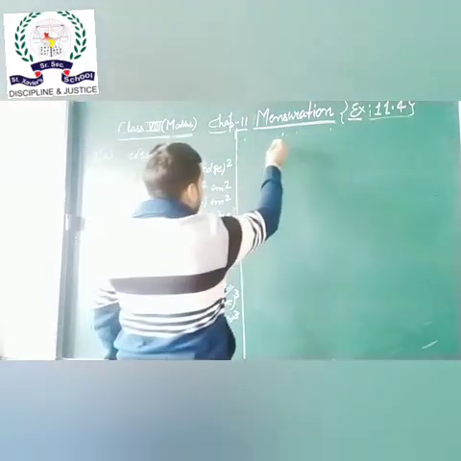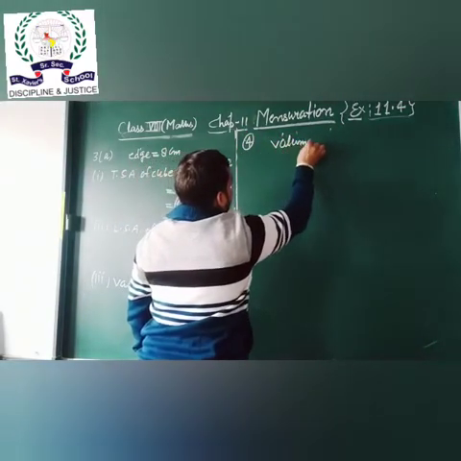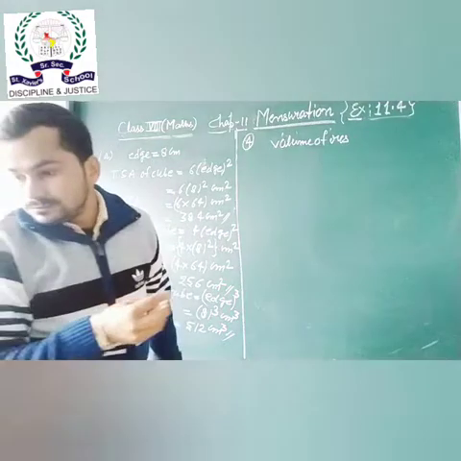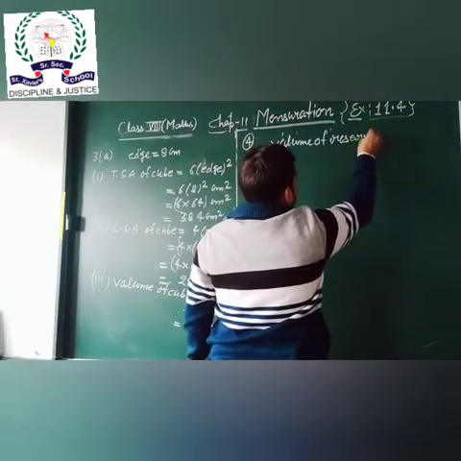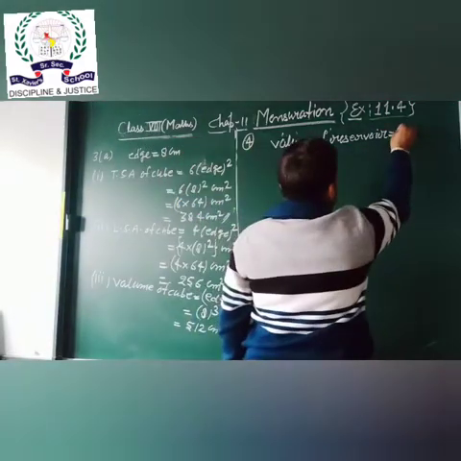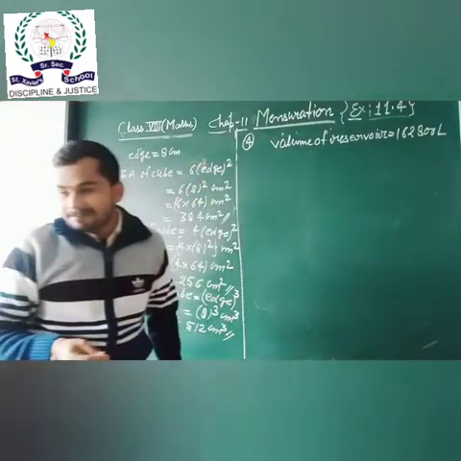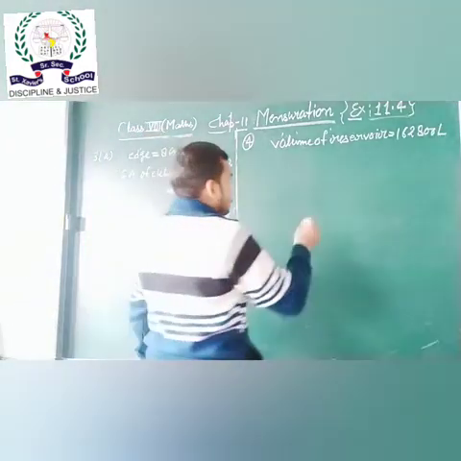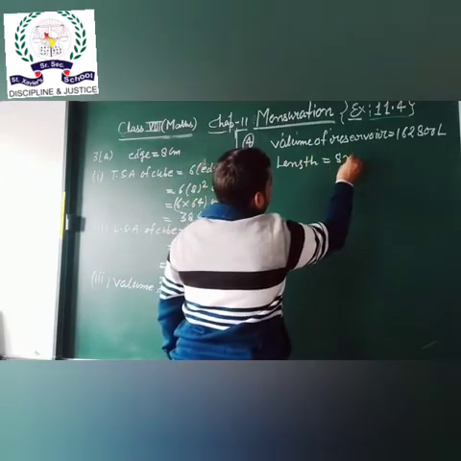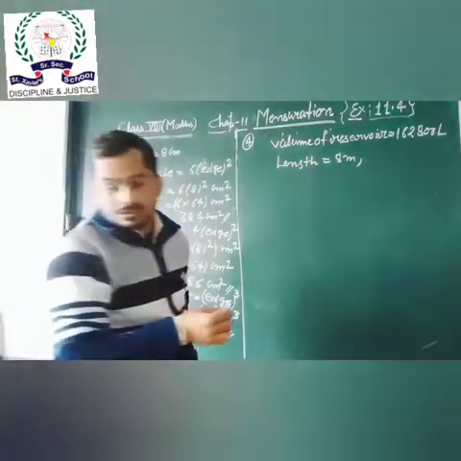So the value is given in liters. So volume of reservoir equals 1,62,800 liter, and the length equals 8 meter, and breadth is given 5.5 meter.